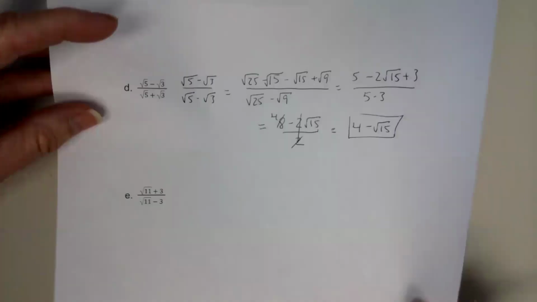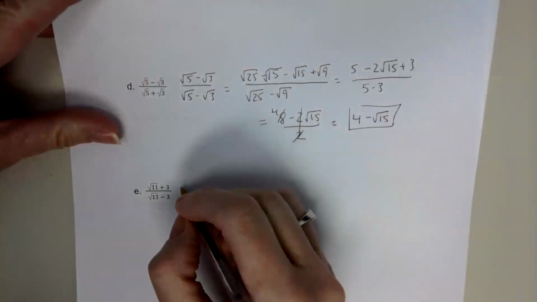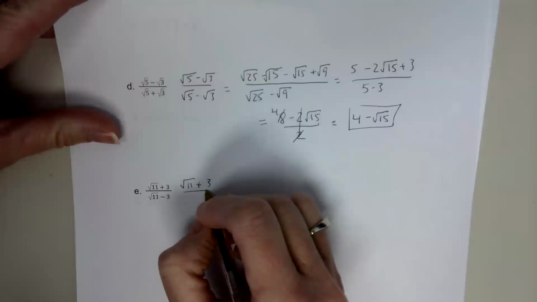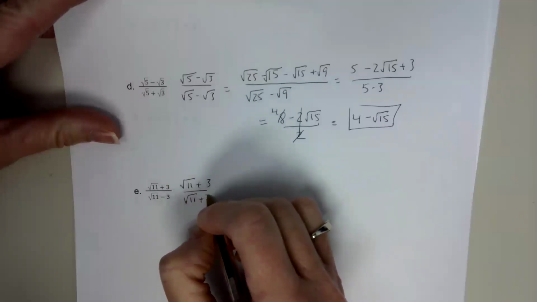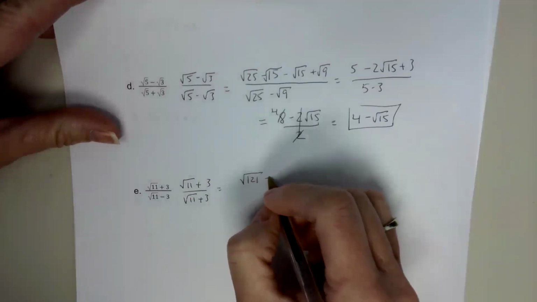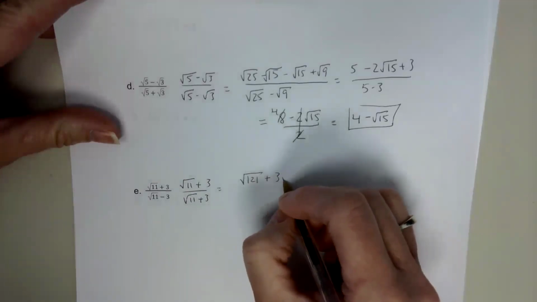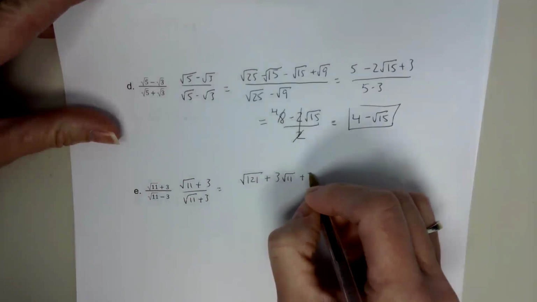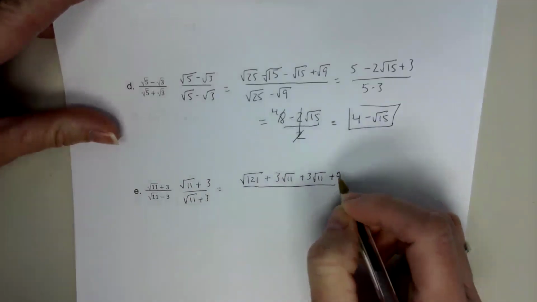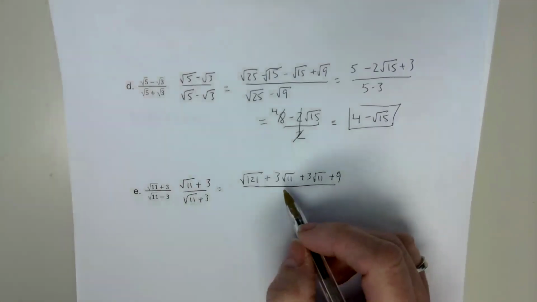And our last one, multiplying by conjugates again. And this gives us the square root of 121 plus 3 times the square root of 11 plus another 3 times the square root of 11 plus 9. So the numerator there will be like terms to combine.